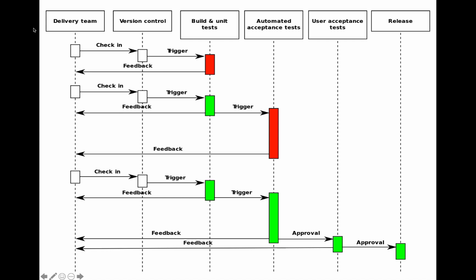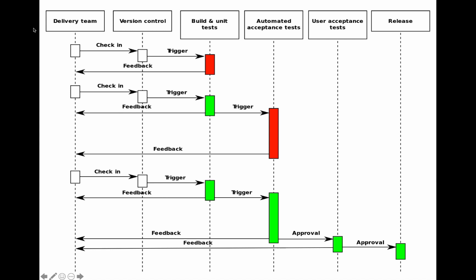In the automated testing stage, the build fails for some reason, so some test failed. And again, it provides feedback to the developer. The developer can then fix the code, check in code again, and this time it will pass the build, and then it will also pass the automated test.